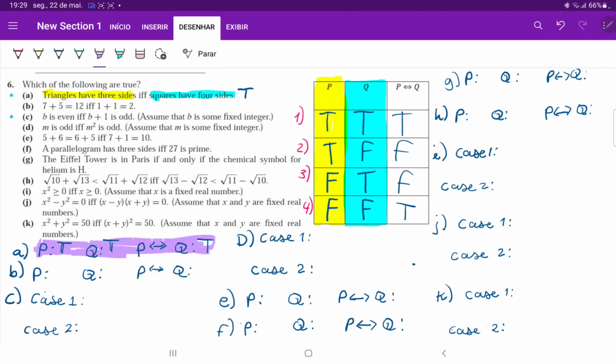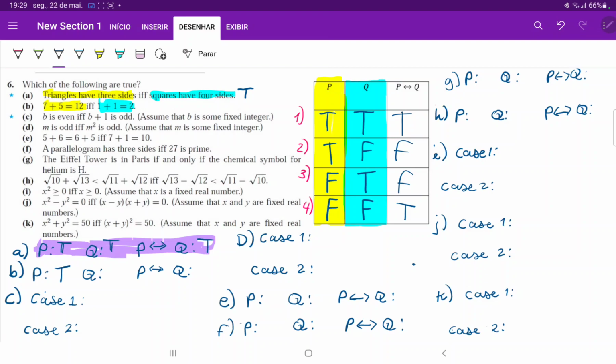Okay, let's go to the next one. So over here for item B, P is 7 plus 5 is equal to 12. And then Q is 1 plus 1 is equal to 2. So let's decide the truth value of these. P is true because 7 plus 5 is 12.